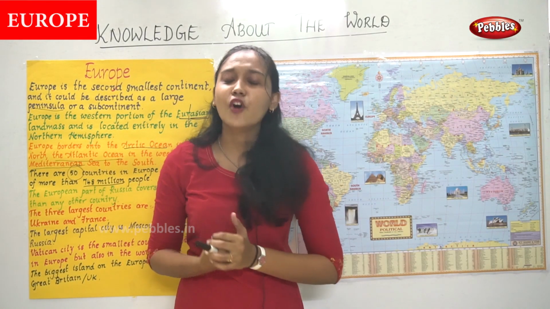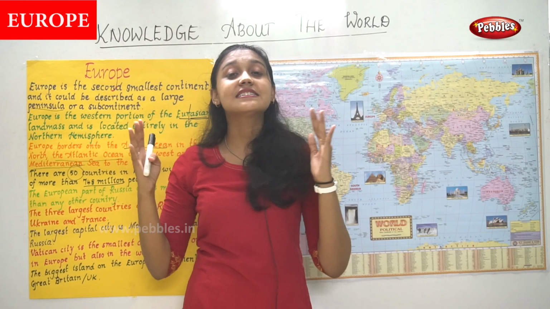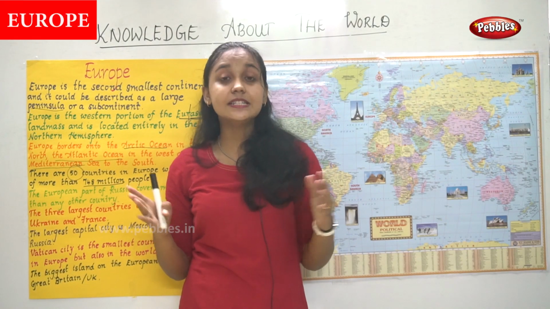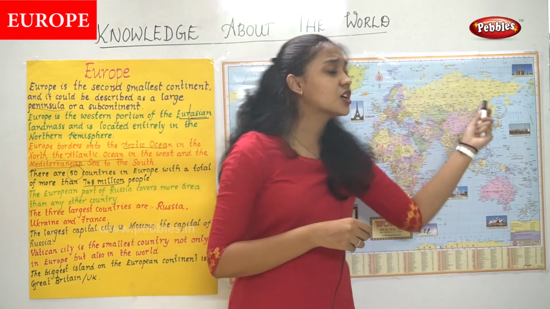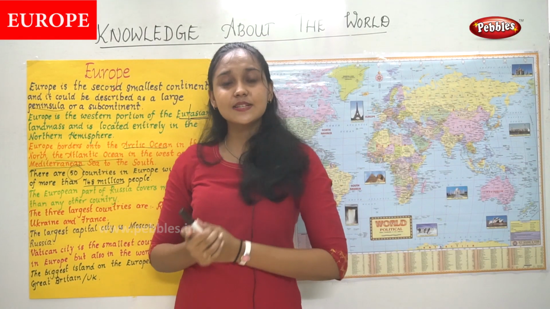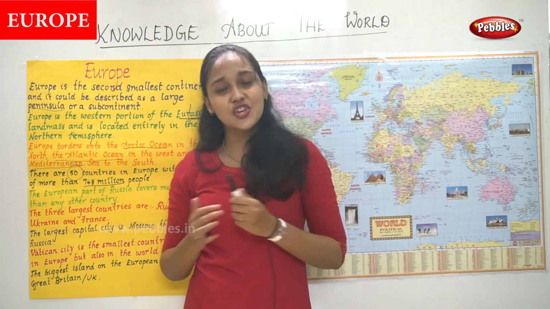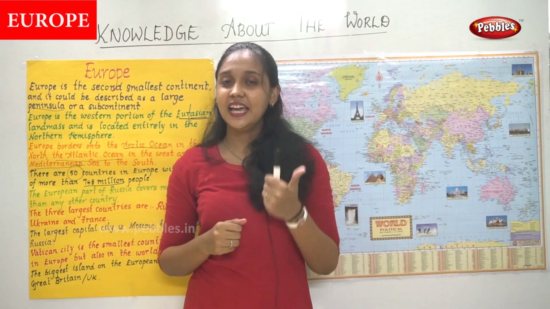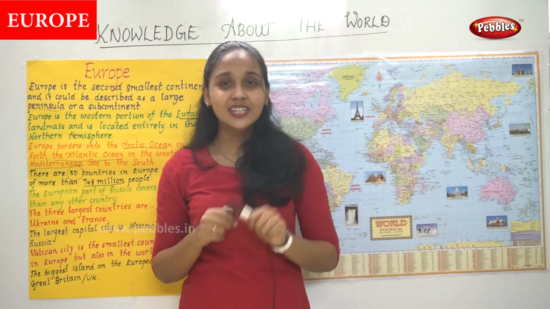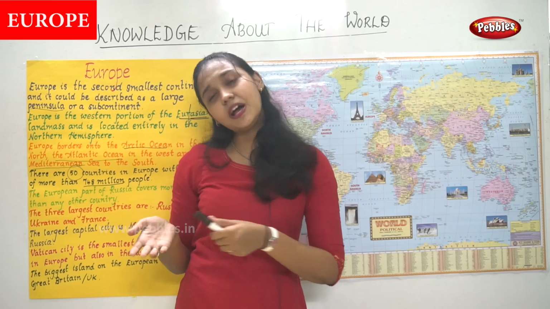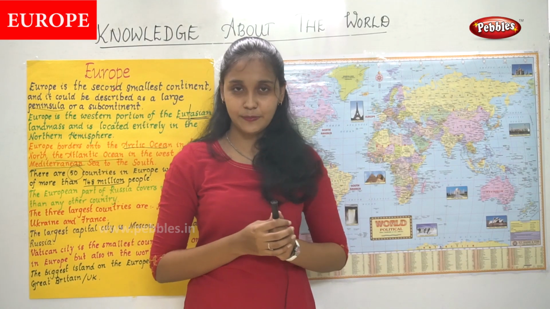As we have already learned, Russia is the largest country in the world by land mass. So this huge country, which continent does it belong to? It is shared by two continents, Asia and Europe. When you are in Russia, you can either be in the Asian part or in the European part.